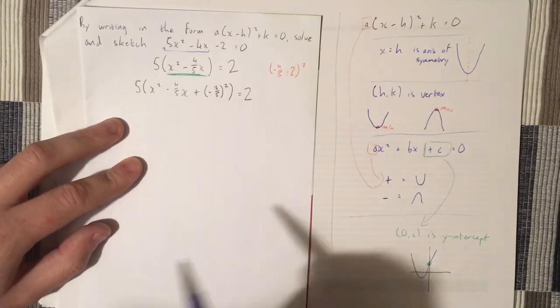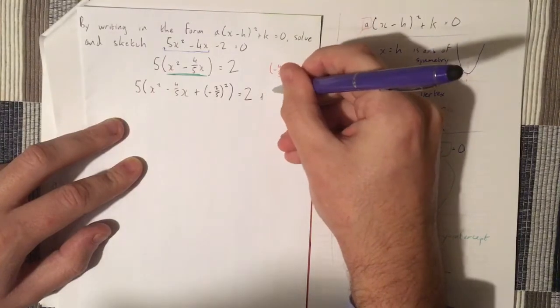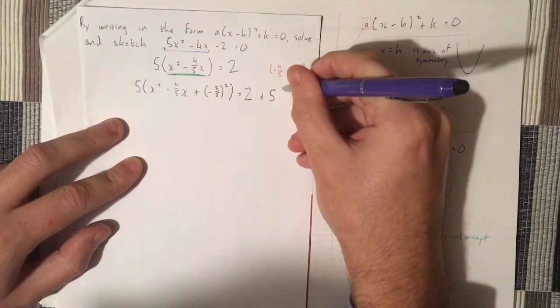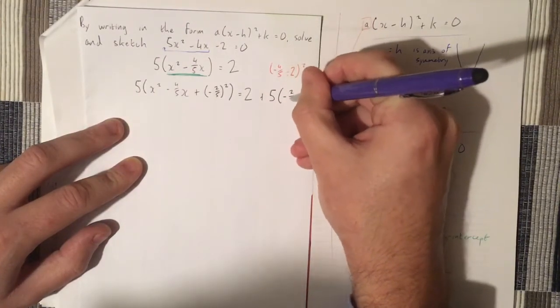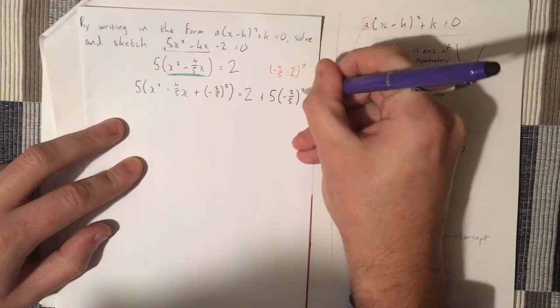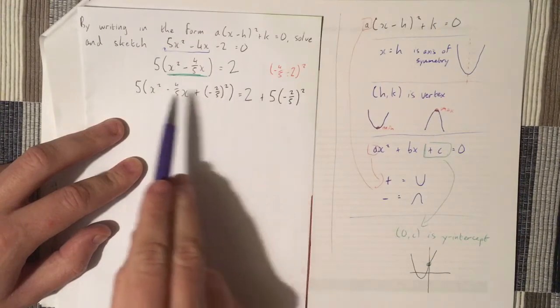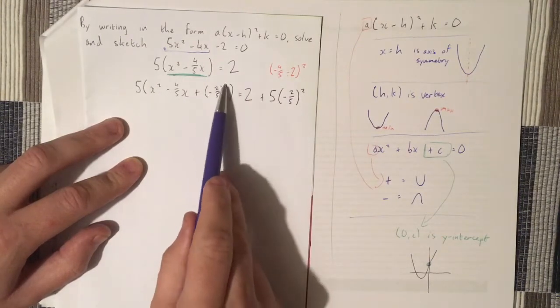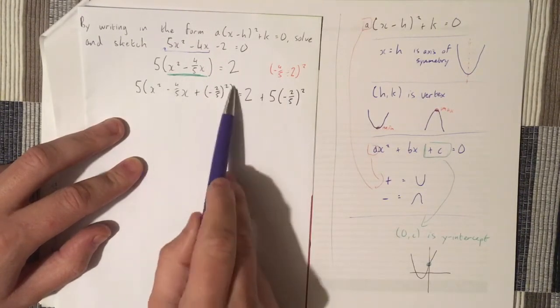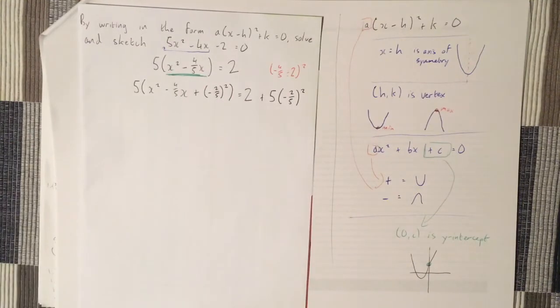So to add the same thing to the right-hand side, you need to add on 5 times minus 2 over 5 squared. If you just added minus 2 over 5 squared, you wouldn't be adding the same thing to both sides because you're putting this inside a bracket that's being multiplied by 5.